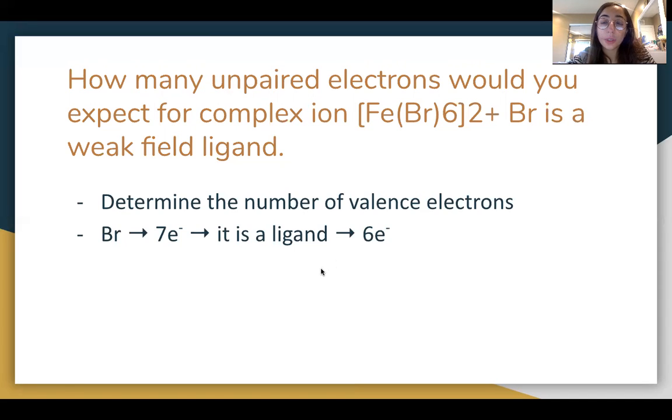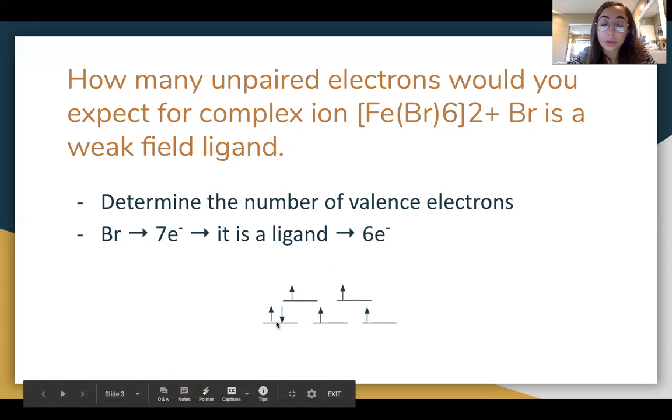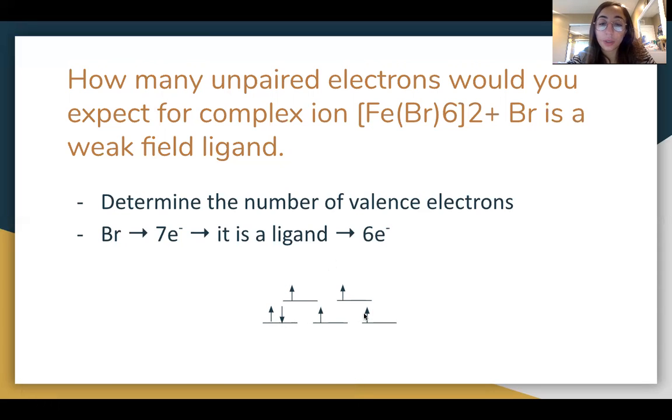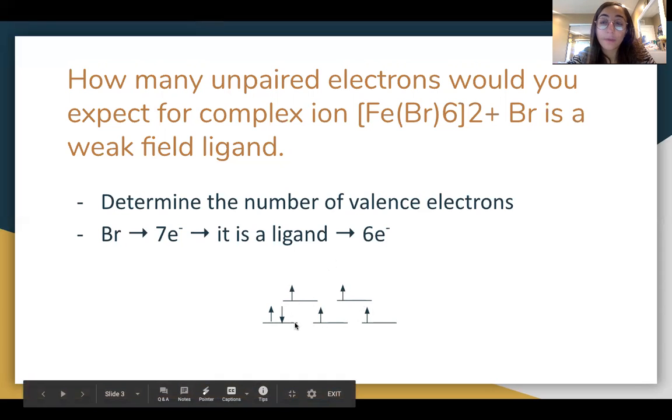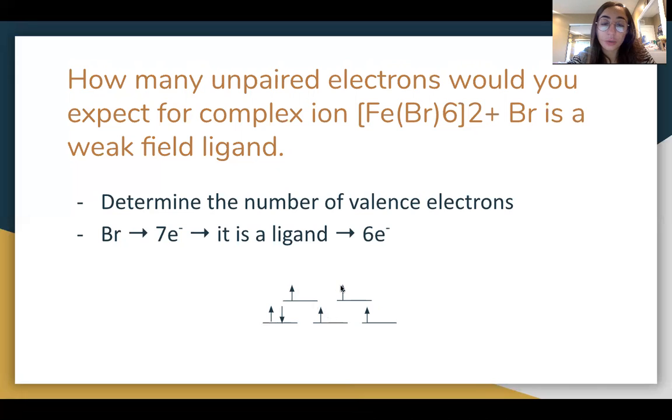By doing the p shells, here we have 5 different orbitals, and we fill in the 6 electrons: 1, 2, 3, 4, 5, and then 6. Make sure to fill all of them first before you start doubling up. Now that we have filled out the orbitals, we have to look at how many are unpaired. As we can see here, we have 1, 2, 3, 4. So the answer is 4 unpaired.